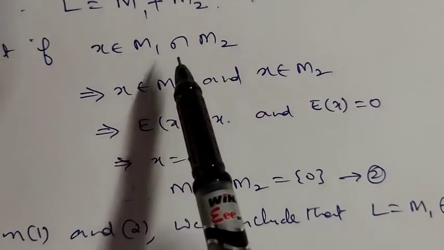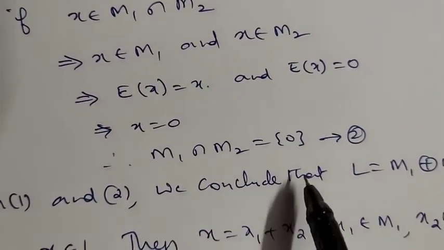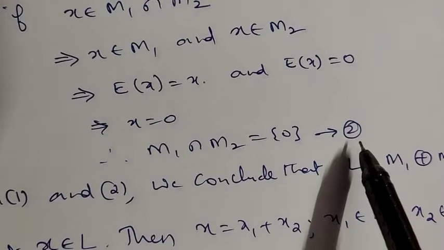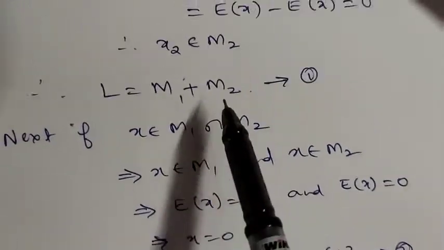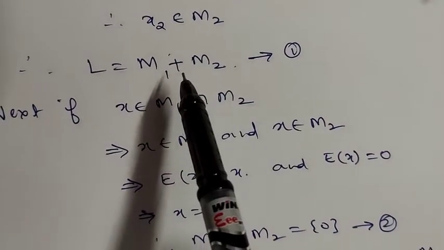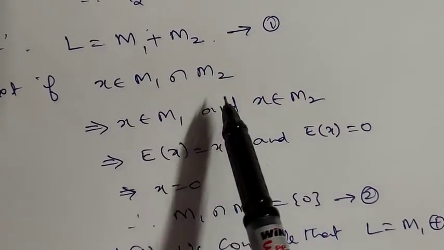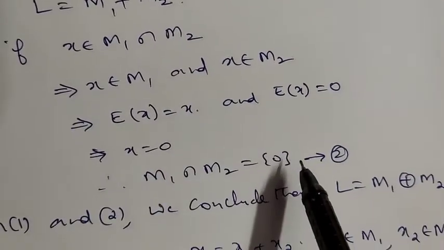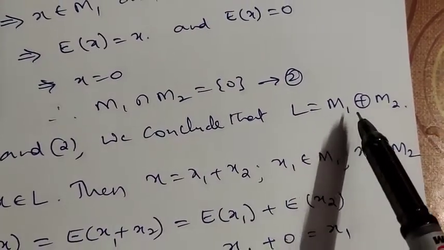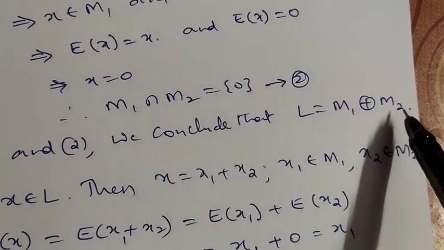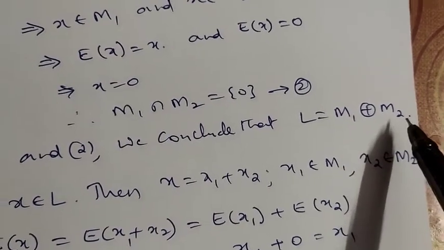Therefore M1 intersection M2 contains only the 0 vector. Then by the definition of a direct sum, L is the direct sum of M1 and M2.